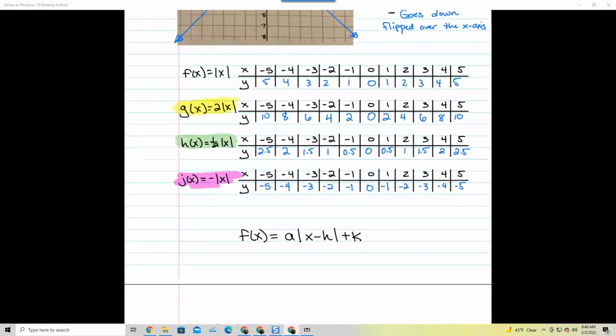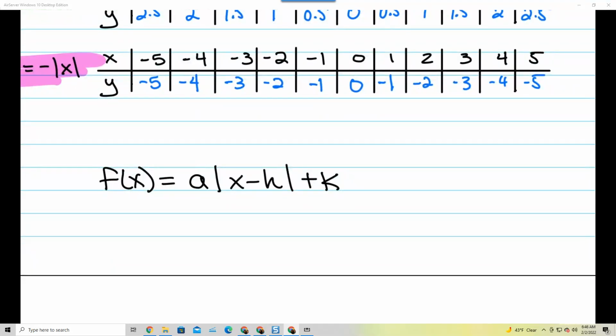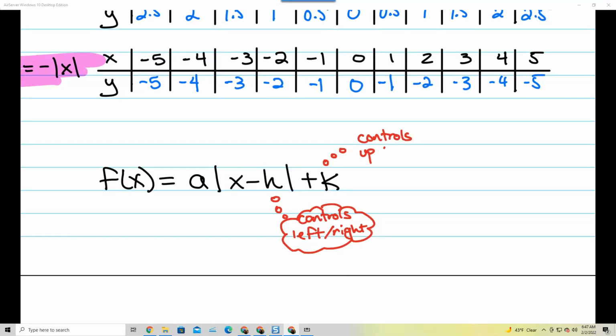So now I have that a in front of the x minus h plus k. So let's just kind of recap what everything does. I know that this h in here controls how much you move left and right. I know that this k right here controls up and down.